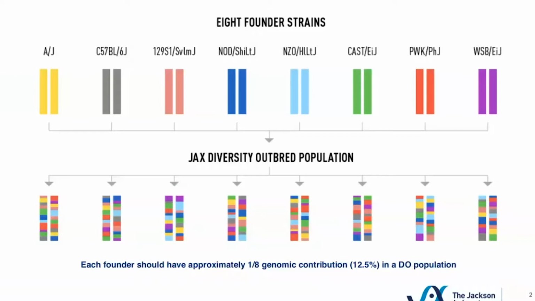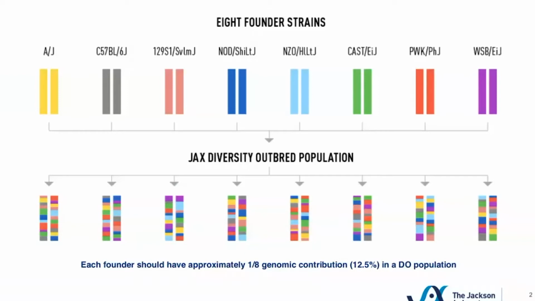Then once those collaborative cross lines were created, they were bred together in a random way with each generation in order to create what we call the diversity outbred population. So the goal of this population is that no mouse is ever the same as any other mouse within that population.